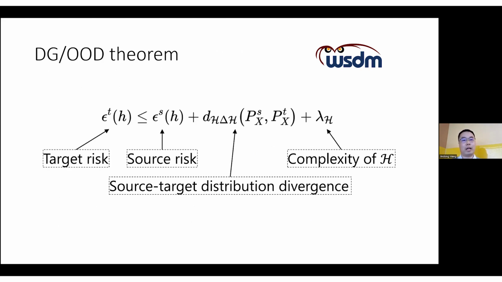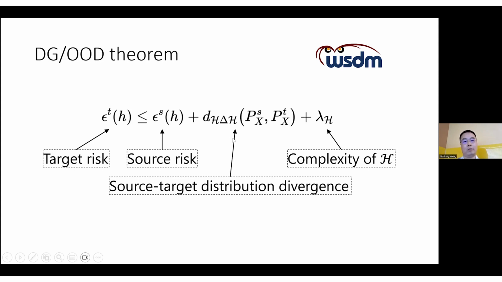So let's recap the DG or OOD theorem. In fact, this theorem is a domain adaptation theorem, which is very classic, and it even derives some new OOD or DG theorems in new papers. So what does this theorem tell you? First, it tells you that the target risk here is controlled by different terms, right? The first term is source risk.